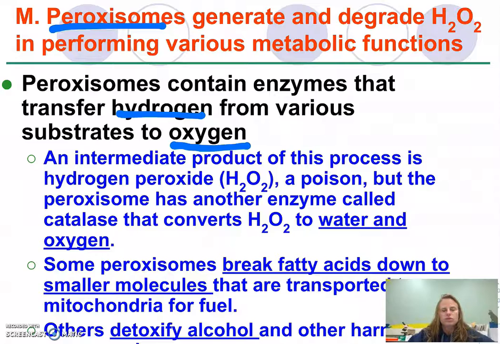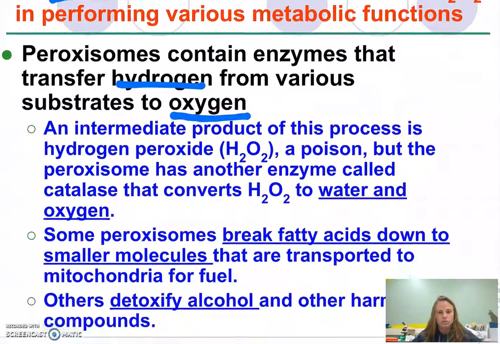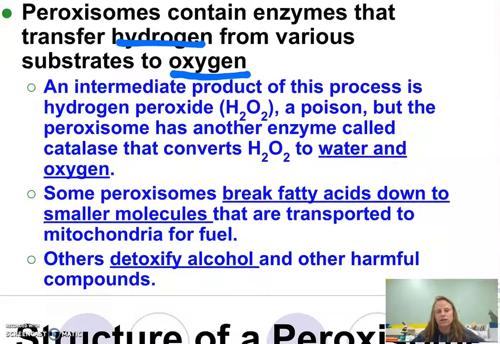When the peroxisomes are doing their various metabolic functions, one of the intermediate products of those processes is hydrogen peroxide, H2O2, which is a poison. But the peroxisome has catalase, another enzyme that's going to convert that hydrogen peroxide to water and oxygen, which are both harmless or relatively harmless to humans.